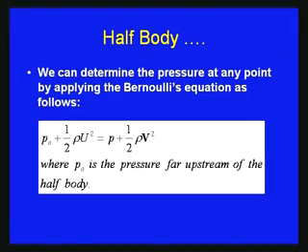So finally, if you want to determine the pressure at any point, we can use Bernoulli's equation as I mentioned earlier. With respect to Bernoulli's equation, we can write P0 plus half rho u square is equal to P plus half rho v square, where P0 is the pressure upstream of the half body, u is the uniform flow velocity, and v is the velocity at any point which we have calculated.